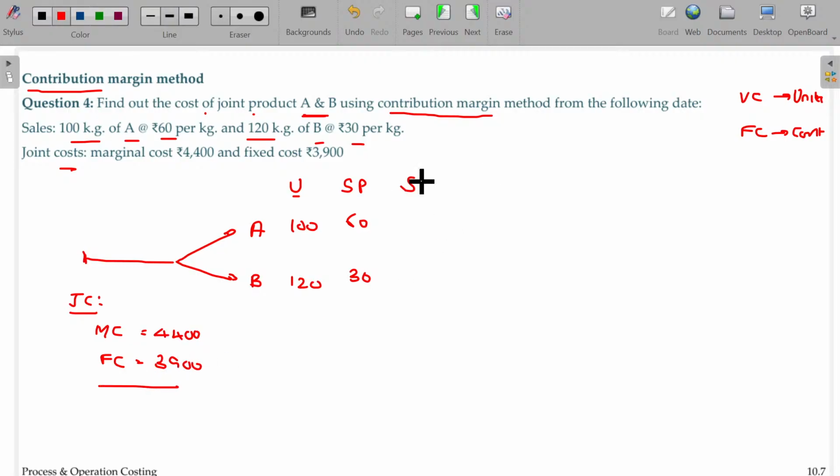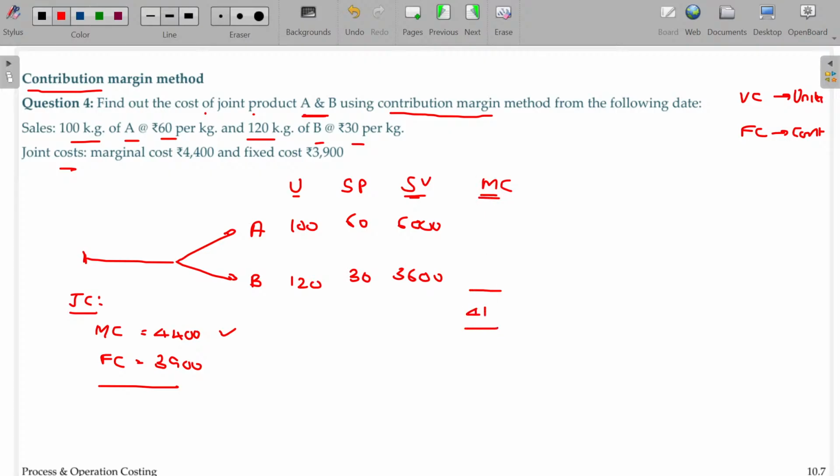Now the total sales value is 6,000 and 3,600. Now we have two costs. How can I segregate the marginal cost?